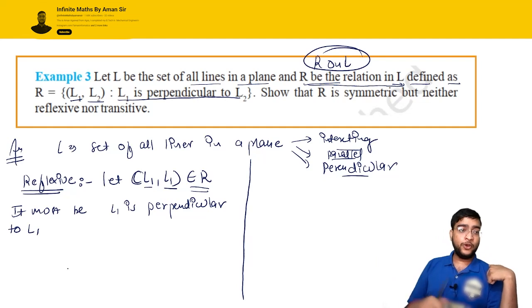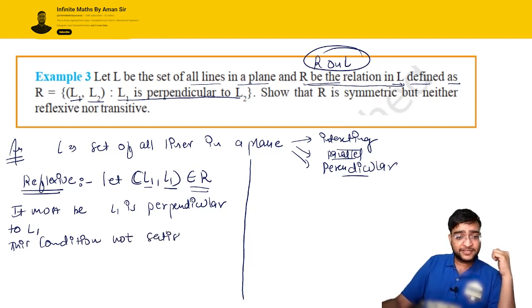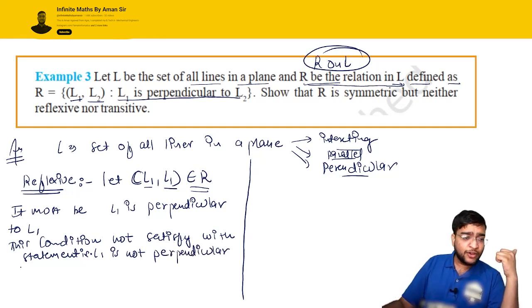You can say no. So I can write out the given statement, or you can write in your own way: this condition is not satisfied with the above statement. L1 is not perpendicular to itself.